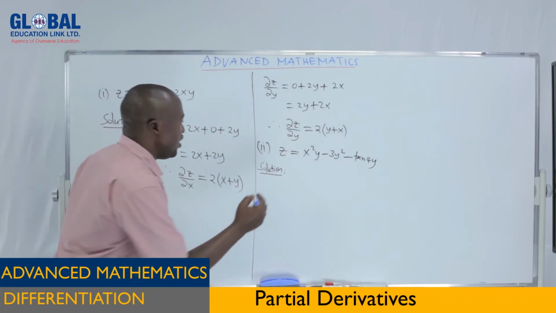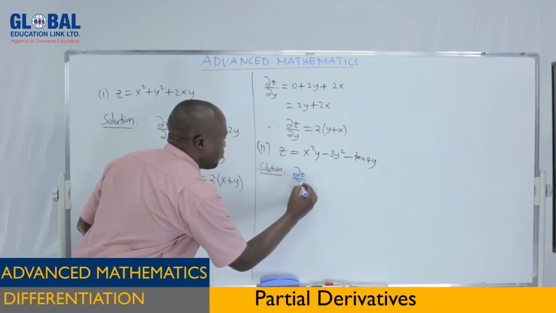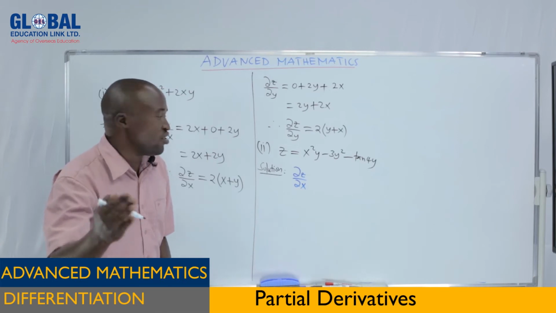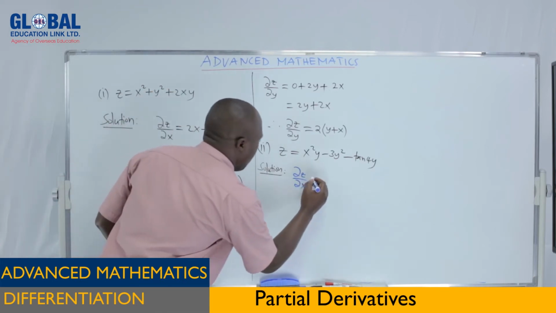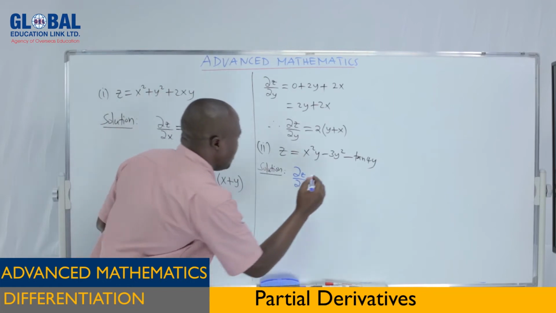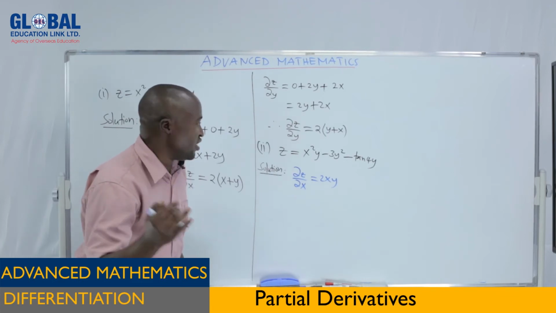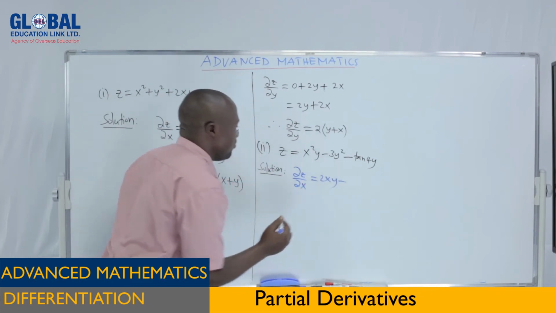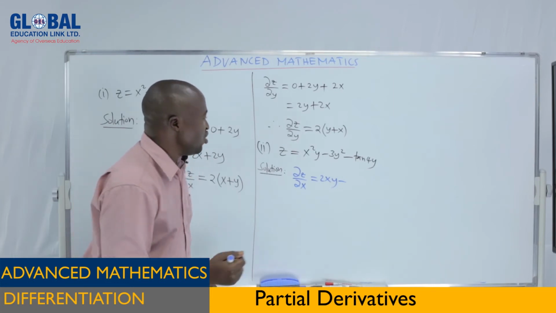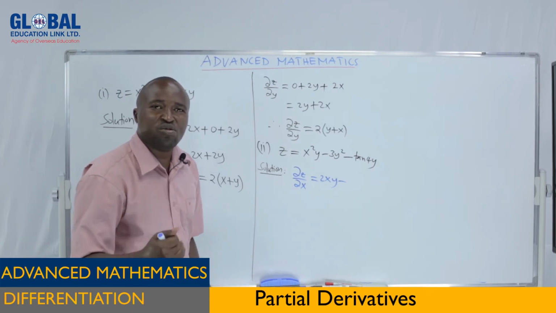Let us start with the partial derivative of z with respect to x. In this case, y is constant. So here we have x squared y, that is 2xy, since y is constant. Then minus, we have 3y squared. Remember, y is constant, so differentiating negative 3y squared is equal to 0.